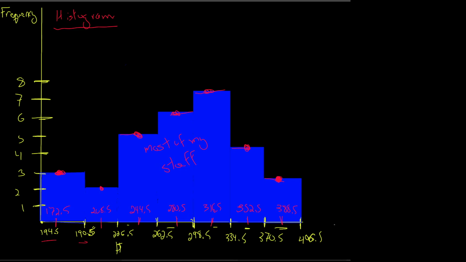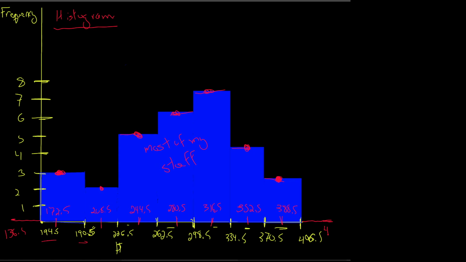And what you want to do is go one more class width over, and so I'm going to put another class width over here. And so we go down 36 from this, which will give us 136.5. And we go up 36 from here, this will give us 388.5.